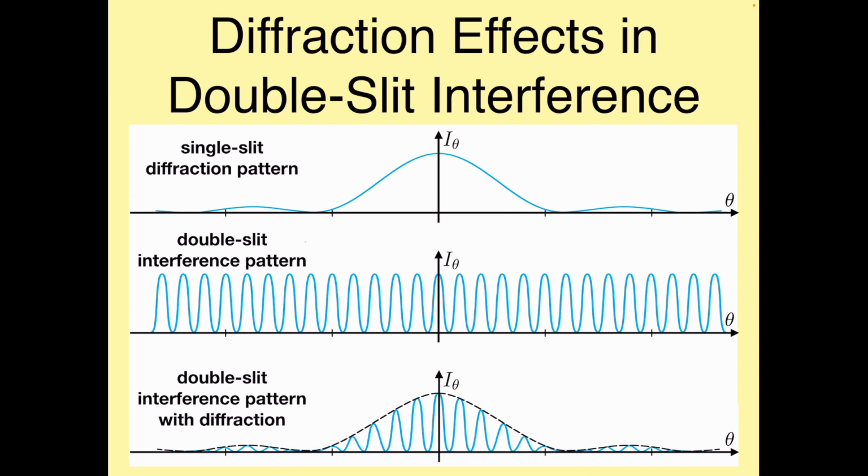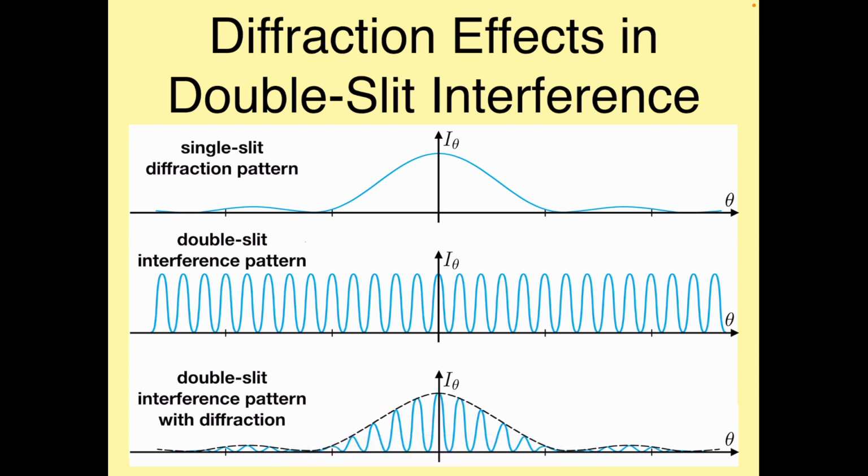So in other words, we still have this rising and falling of intensity as shown by the double-slit interference pattern, but the peaks are going to be modulated by this first curve over here. You can imagine that first curve is enveloping the second one like this. In fact, the peaks in intensity do get smaller as you go out. That's the overall effect of double-slit interference with diffraction.